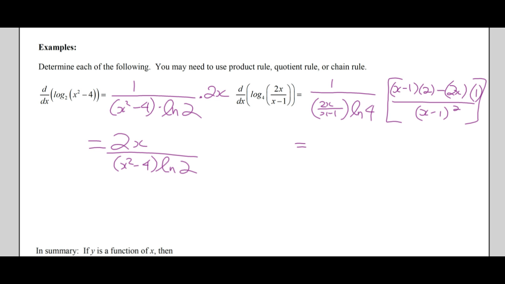And so all we're left with to do is to simplify this, right? Okay, so let's just kind of flip this. So this goes up and this stays down. So we've got x minus 1 over 2x ln 4 times, all right, what's this? 2x minus 2 minus 2x. That's kind of nice.